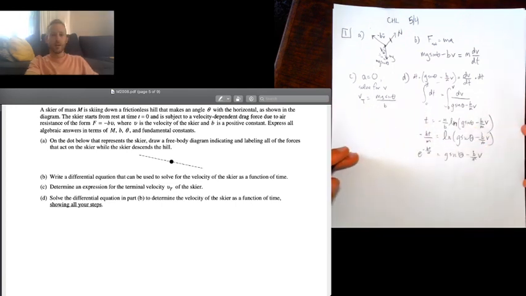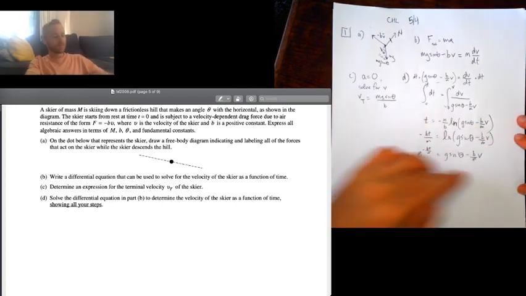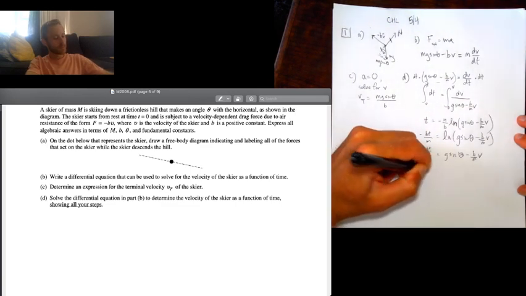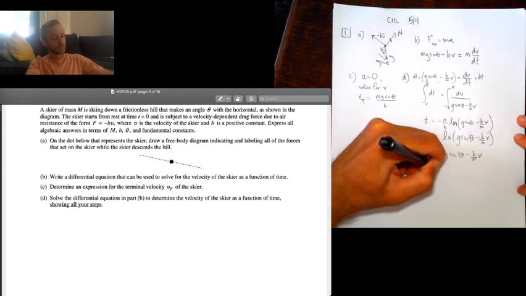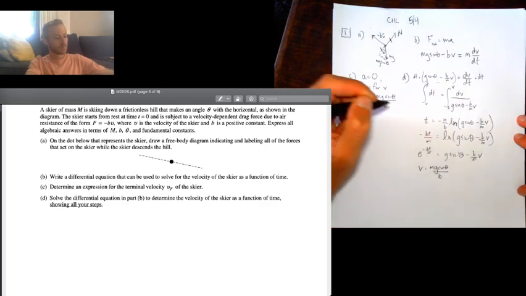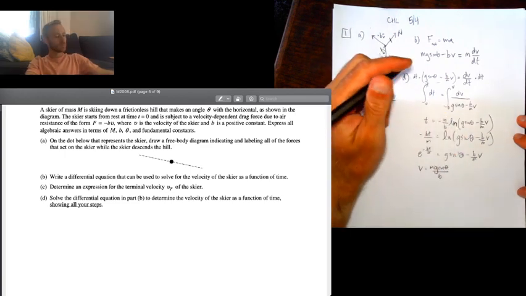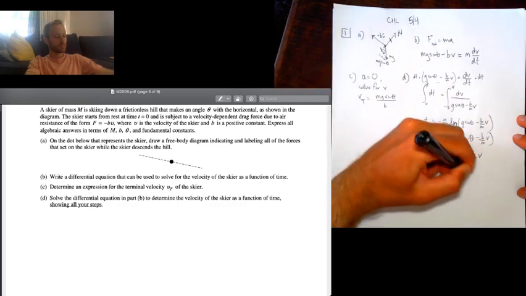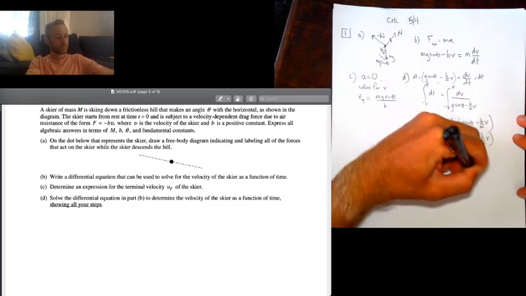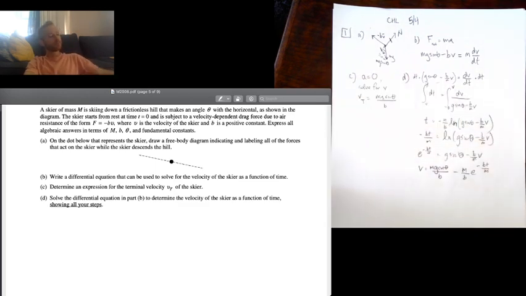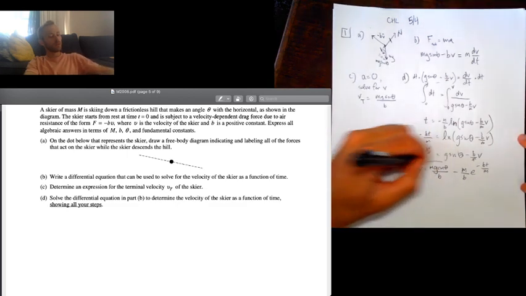And then I will solve for v. There you go. So that would be your final answer.